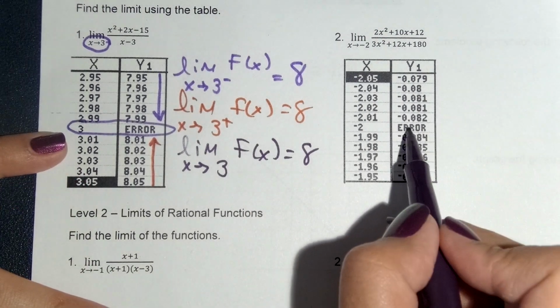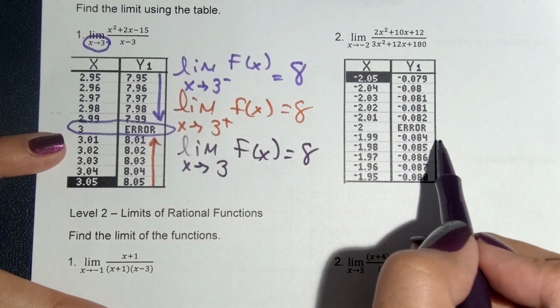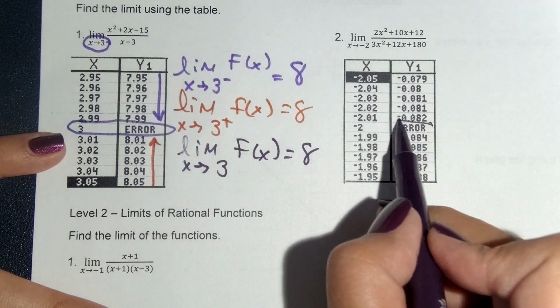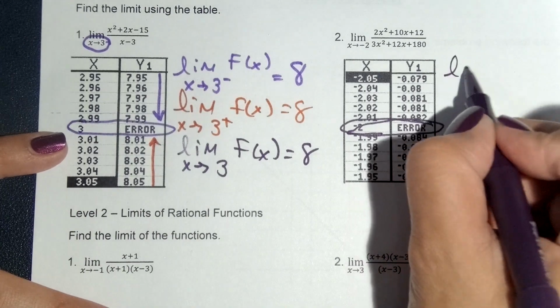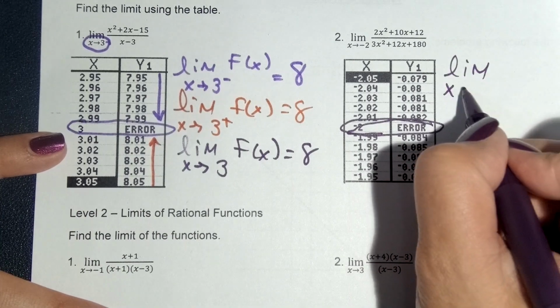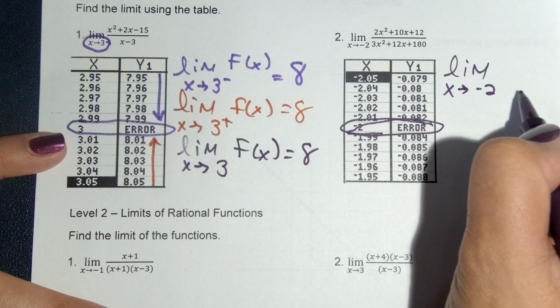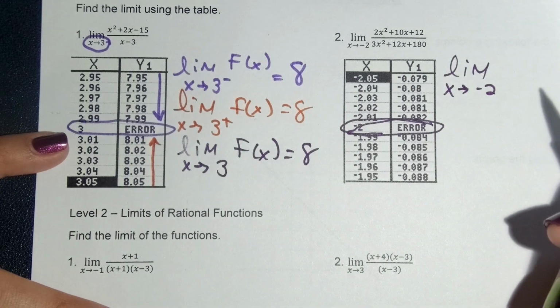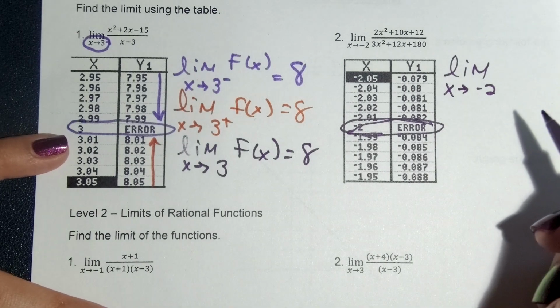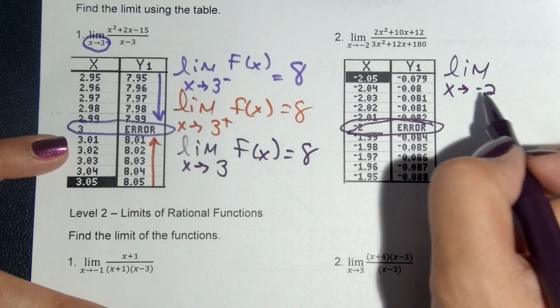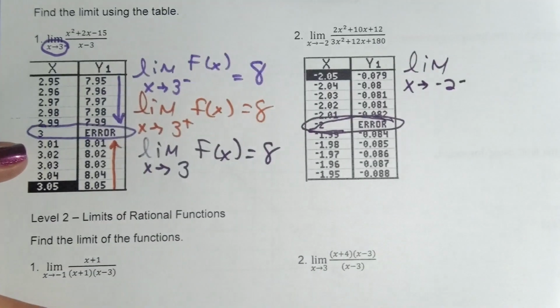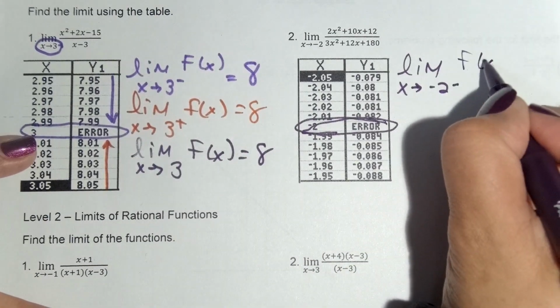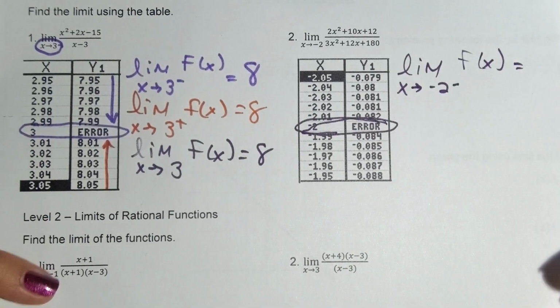All right. What about this one? Where's it going to? -2. Oops. Why am I looking up there? So we need the limit as x approaches -2 from what? Which way? To the left. What's that value?